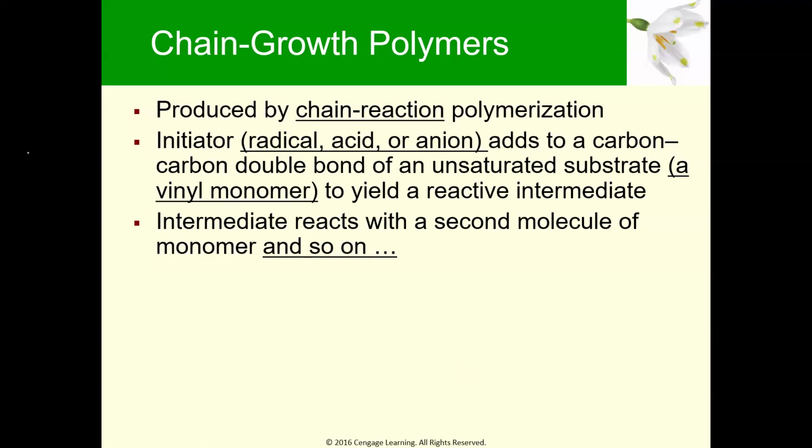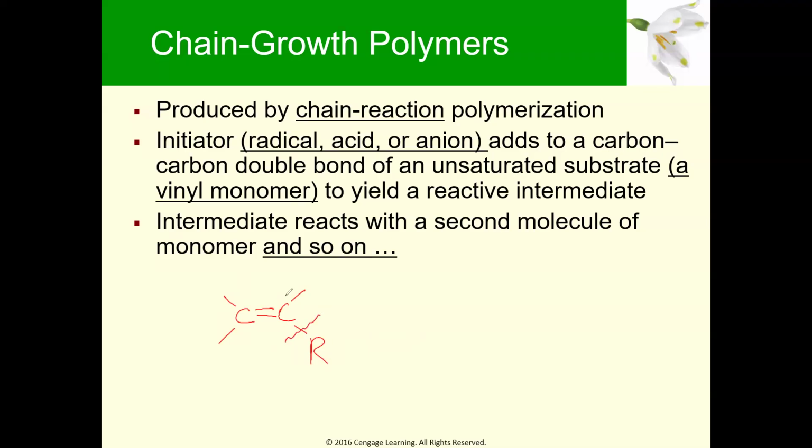So let me just remind you what that means. If we have a carbon-carbon double bond, and we have obviously 4 positions on that alkene, if one of them is occupied by an R group, this is what we call the vinyl.